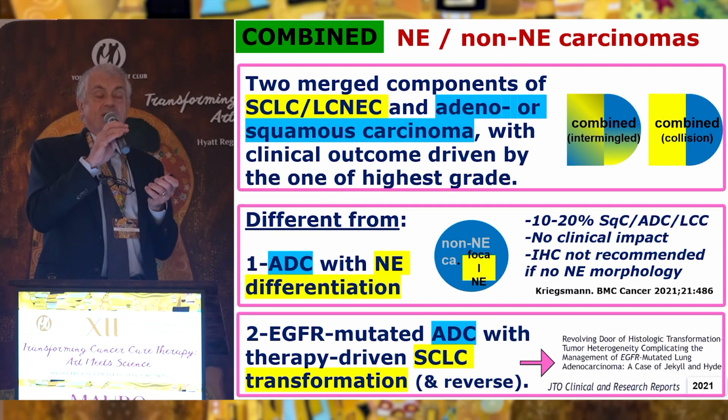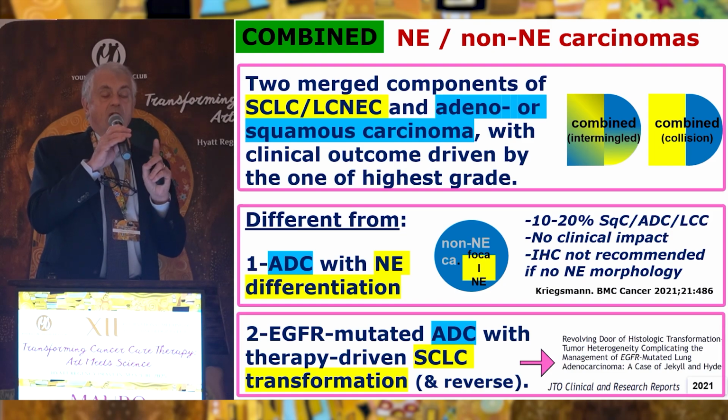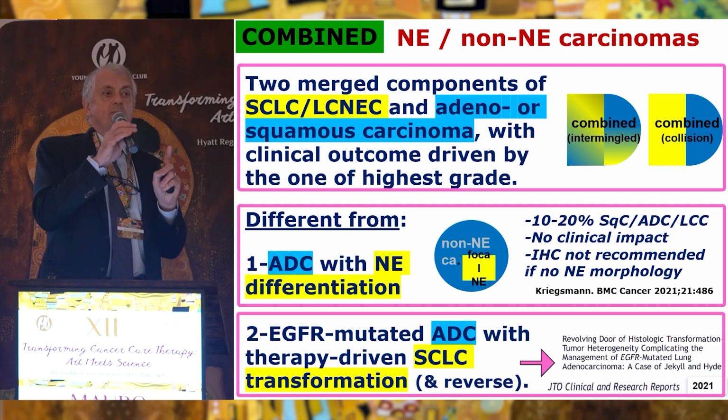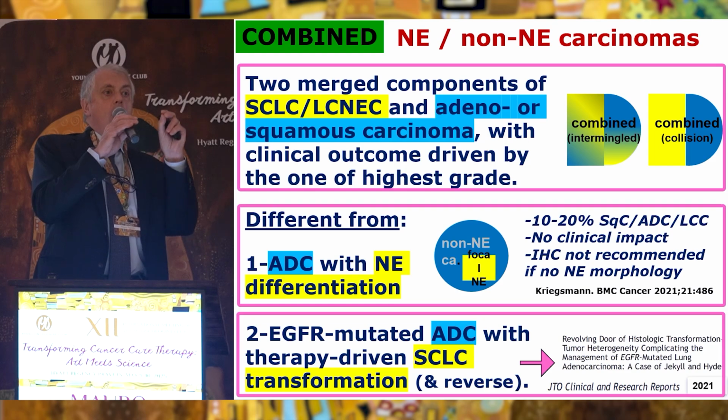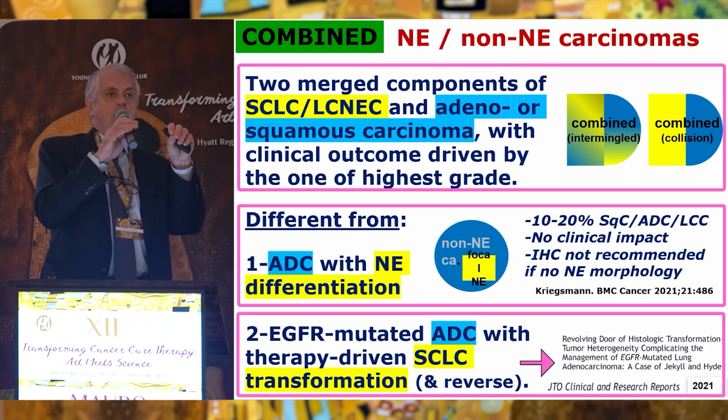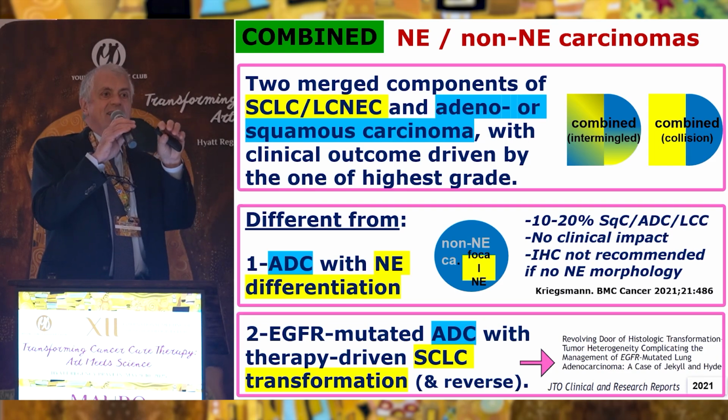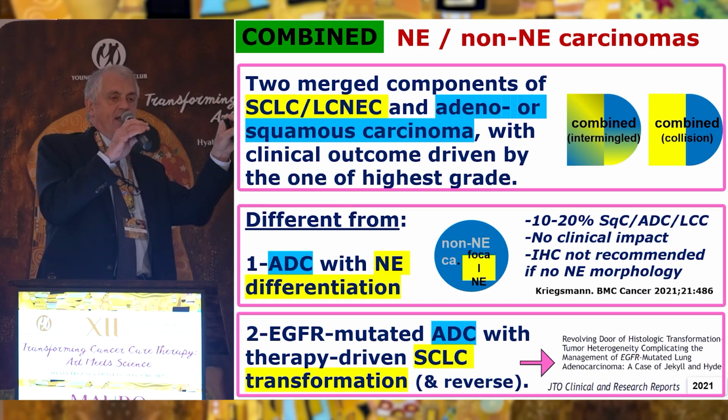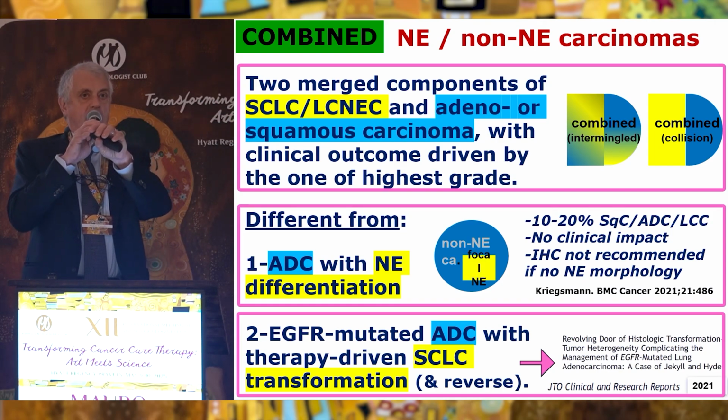And the combined tumors are a problem for two reasons. Reason number one, if you receive a small specimen, you don't know where the radiologist or the pulmonologist has taken the specimen. Could be in the neuroendocrine area or in the non-neuroendocrine area.